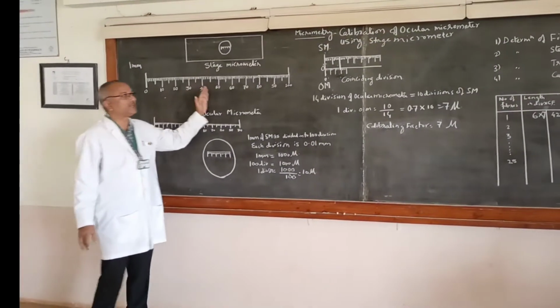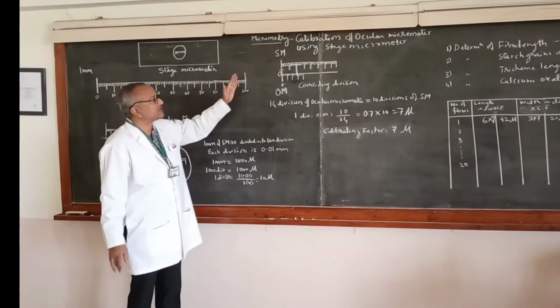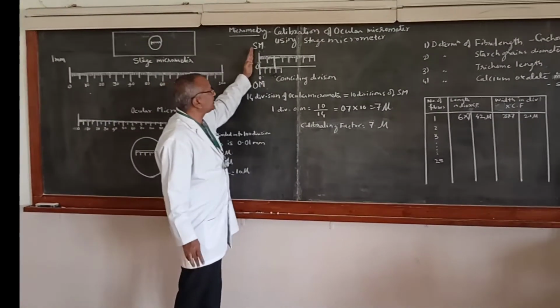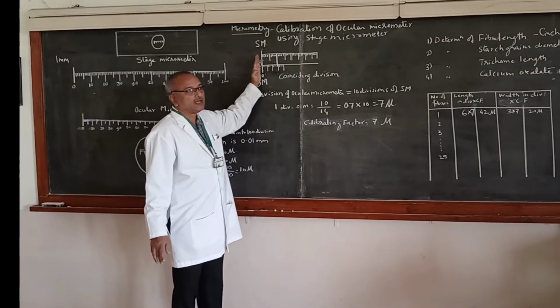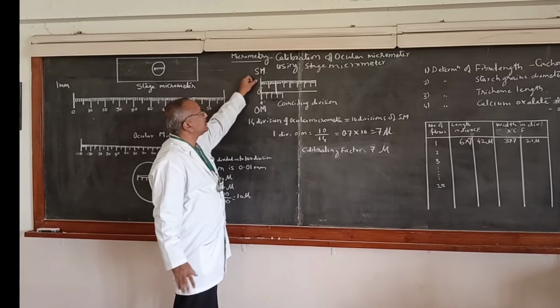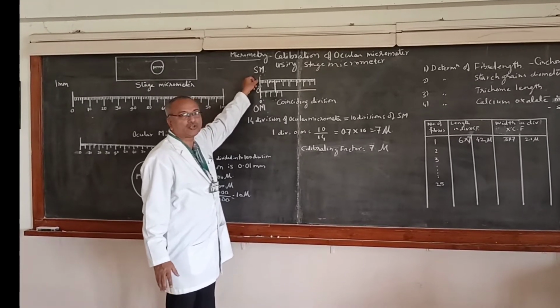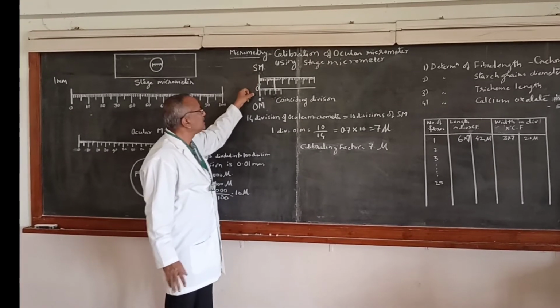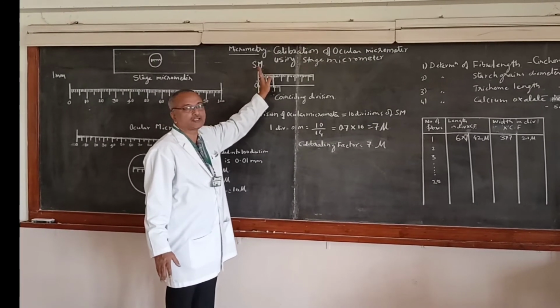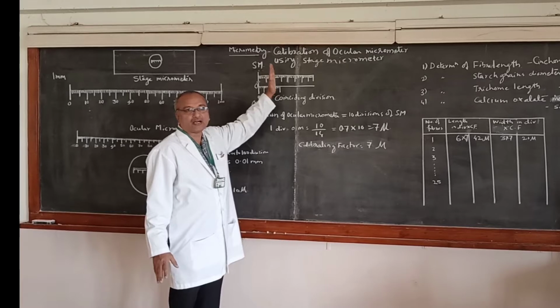Okay, so let us come to the procedure, that is how we calibrate this ocular micrometer itself. We have to adjust the stage micrometer as well as the ocular micrometer in the superimposition position itself, and the first gauge is either 0 of the stage micrometer or any of the divisions which will make it easier to measure the units.